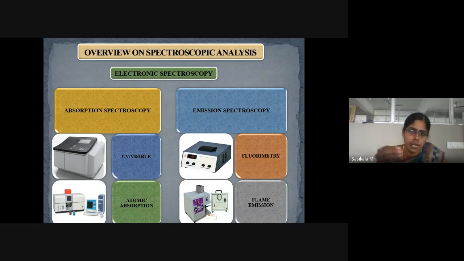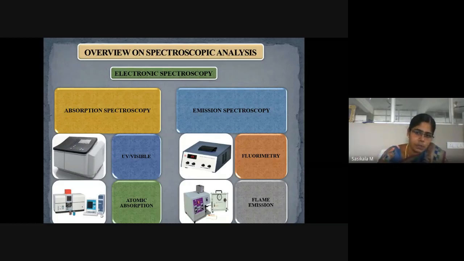When we use radiation for analysis at electronic level in the molecule, then the spectroscopy is called electronic spectroscopy. Already I told, spectroscopy means we'll be using electromagnetic radiation for the analysis of the analyte. So at the analyte, the radiation will react on its electrons, mainly valence electrons. So it is called electronic spectroscopy.